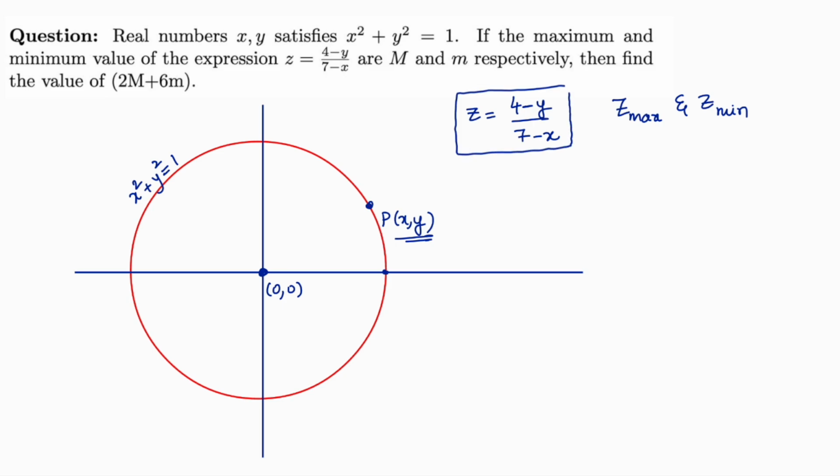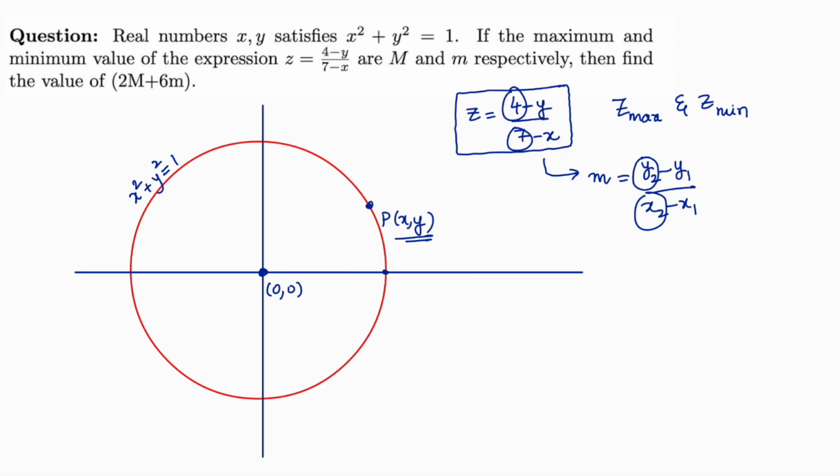Then how do we understand z? When I look at this, it resembles the slope formula: slope is equal to y2 minus y1 divided by x2 minus x1. Difference between y coordinates divided by difference between x coordinates. So we will take a point where y2 is 4 and x2 is 7.